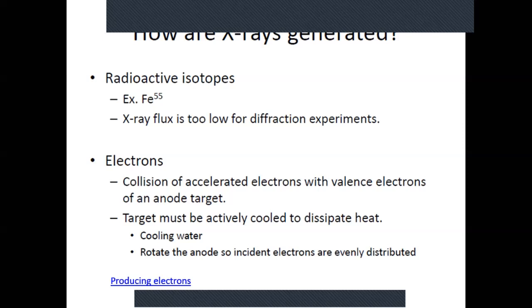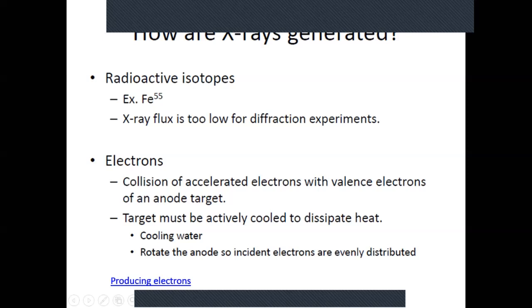So you have electrons that come in, they strike an electron in a lower energy level, it ejects that electron, and then an electron from a higher energy level falls down and occupies that void. As it falls down, it releases a photon, which is in this case an X-ray photon. And that's how we use electrons to make X-rays.